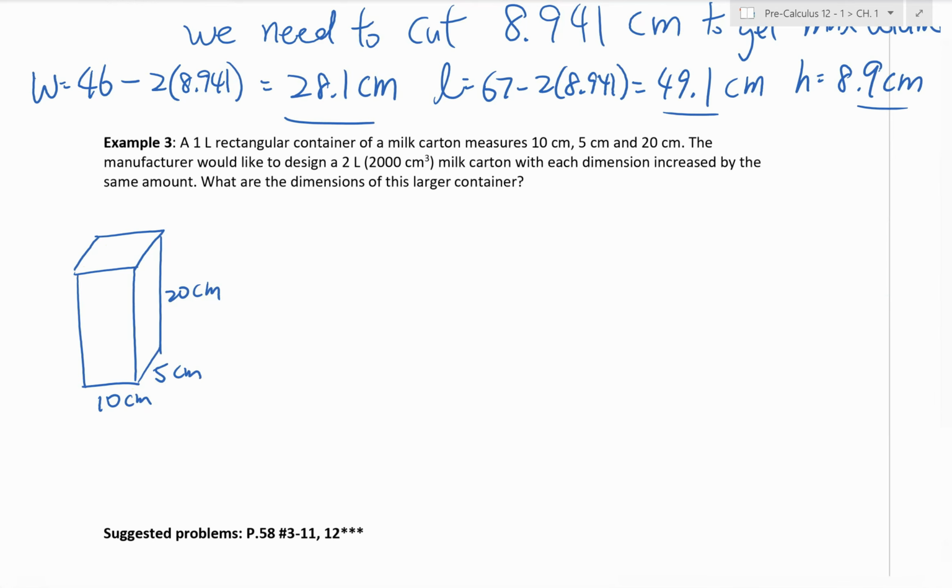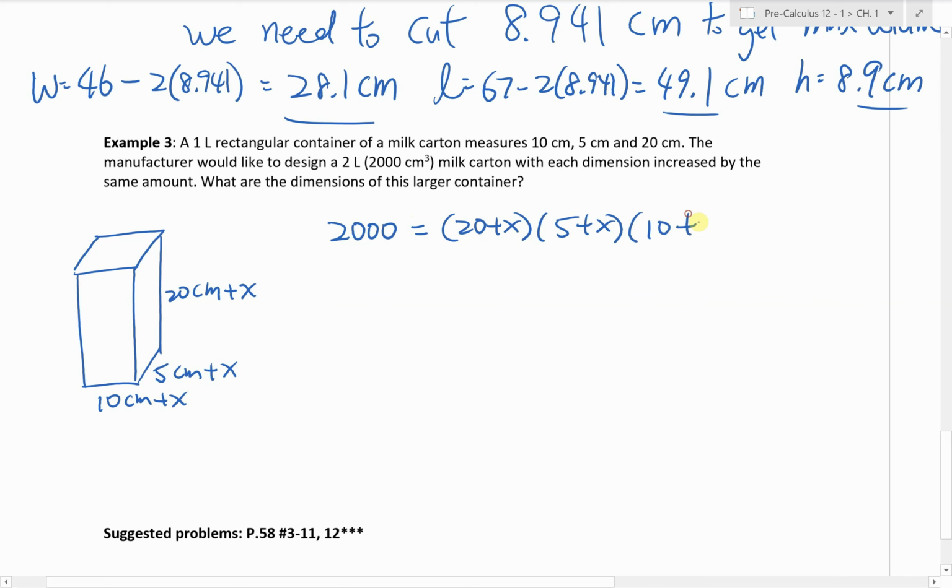So we don't know how much we're increasing by, so we are going to add x to each side. So the volume, we know the volume is now 2000, right? Because that's what we wanted. And this is going to be 20 plus x times 5 plus x times 10 plus x.